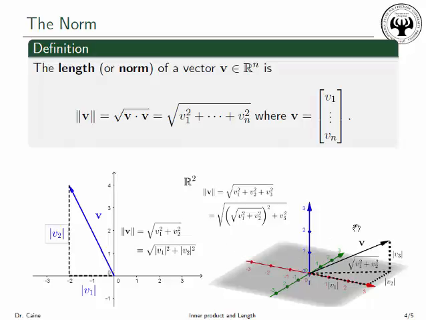Stepping up another dimension to R3, the same thing is true. If you had a point over here, which is a certain number of units in the x direction, a certain number of units in the y direction, and a certain number of units in the z direction, so this represents the tip of a vector in R3. If we were to compute the length of this line segment, we would want to compute the hypotenuse of this right triangle, whose base sits inside the xy plane.